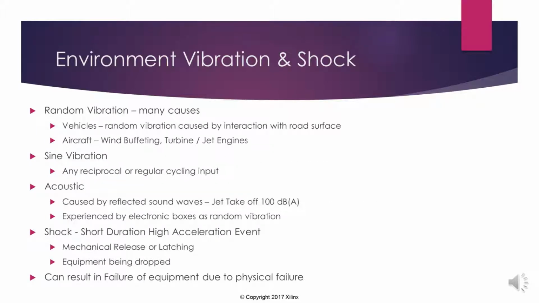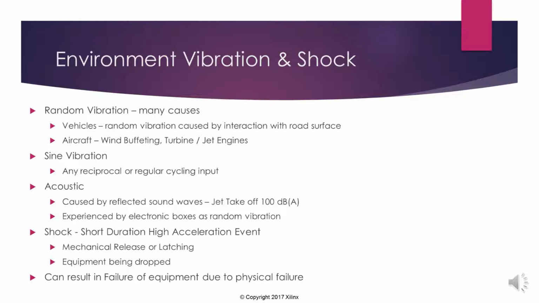So moving on to the next slide, we have the other challenge of vibration and shock. Vibration comes in many forms. It comes in three main forms, which are random, sinusoidal, and acoustic. Random occurs just from interactions with elements. If you're on a vehicle, for instance, driving down a road, the wheels interacting with the road will cause vibrations. If you're in an aircraft, the jet engines or the turbine will cause that.